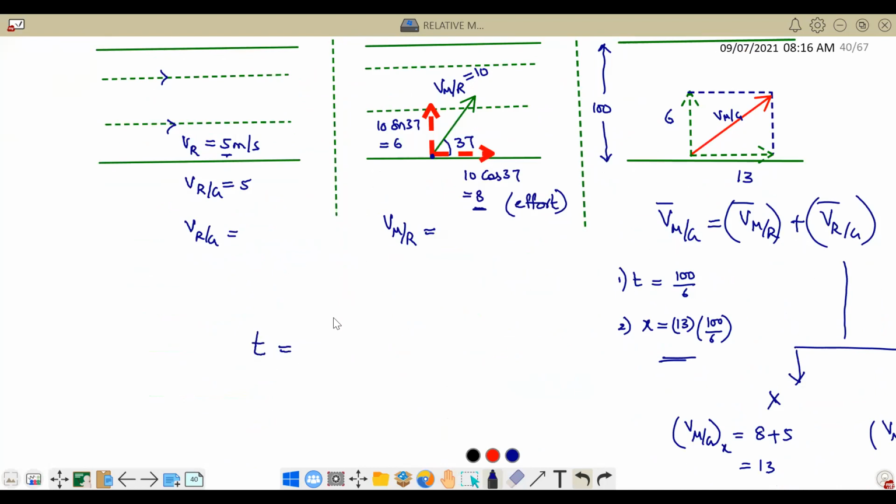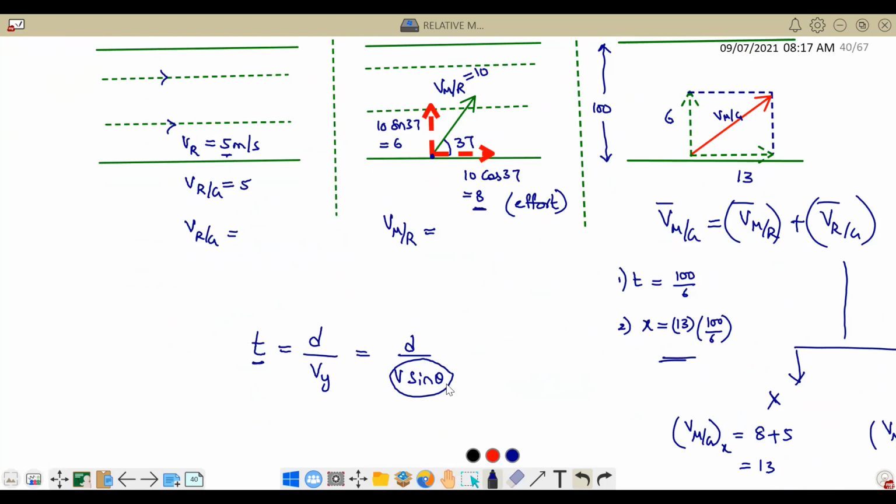Time is distance divided by the y component of velocity. Correct or not? Yes, sir. This one we have to calculate, and you will get d by v sine theta. It is minimum when the denominator is maximum, that is, when sine is maximum.